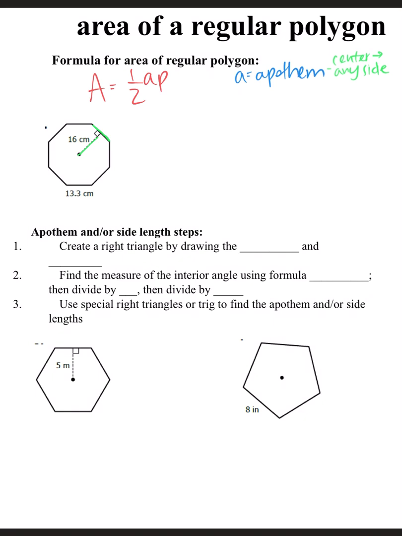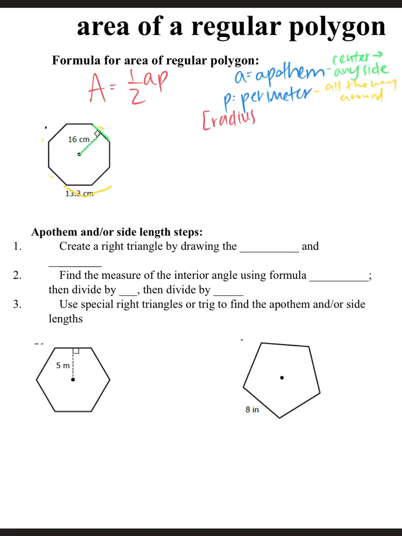And P is the perimeter. And we know what the perimeter is. It's the distance all the way around. We also might be given the radius.